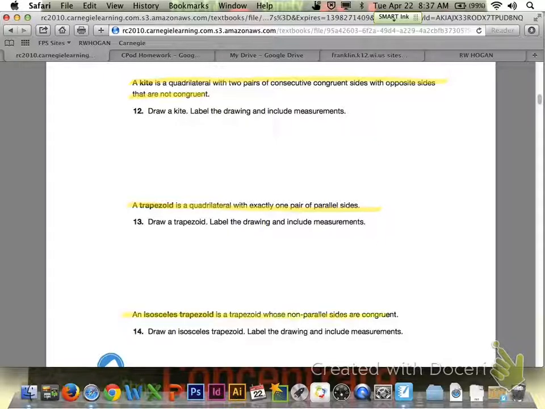And finally, for number 14, an isosceles trapezoid is a trapezoid whose non-parallel sides are congruent. So as you look back and as you ended up drawing each of these different quadrilaterals, hopefully you understand the why of how you constructed them.